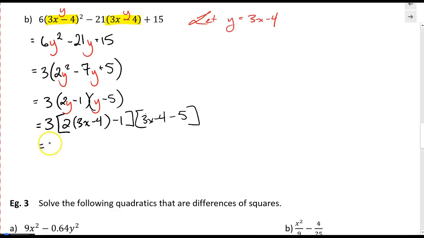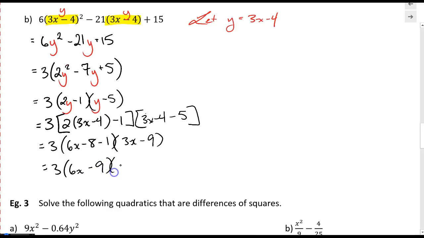From here, distribute out. 6x minus 8 minus 1, and 3x, and we can already simplify this one, it's minus 9. So it's 6x minus 9 and 3x minus 9.